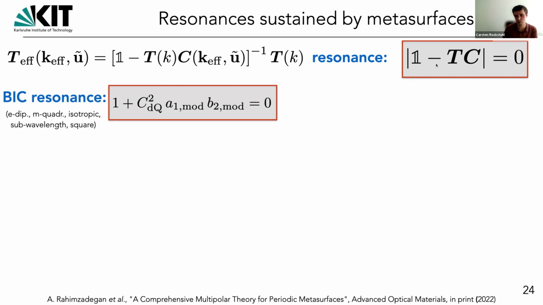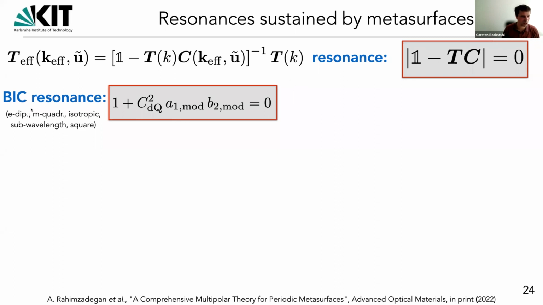existence conditions of these bound states in the continuum by making just a few assumptions on the details of our metasurface. Again, this type of assumption is not strictly necessary, but it should rather illustrate a way to strip down these complex expressions into easy and handy equations that you can really use on analytical grounds.